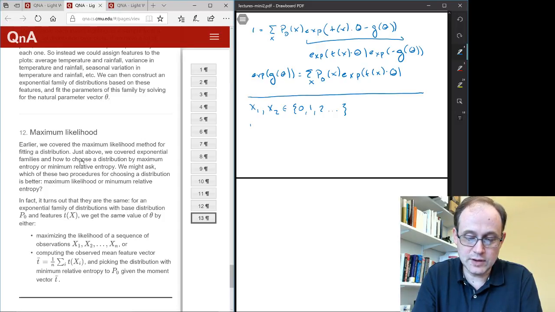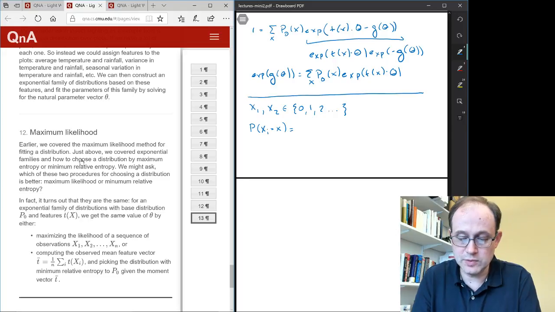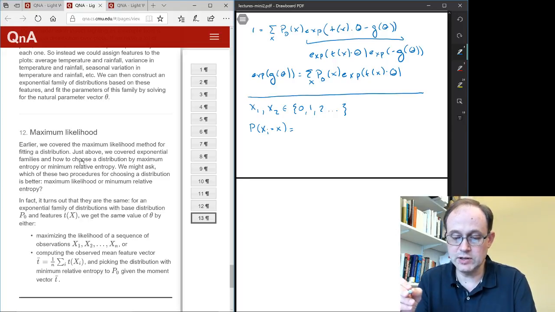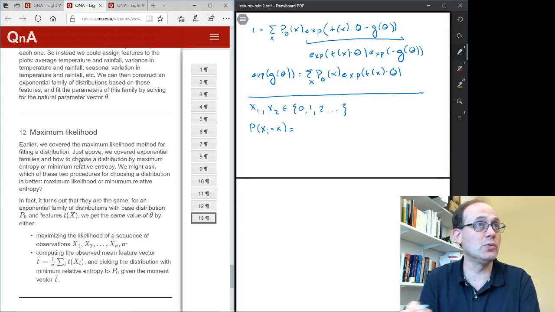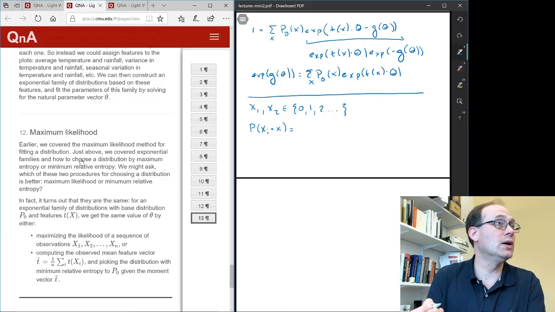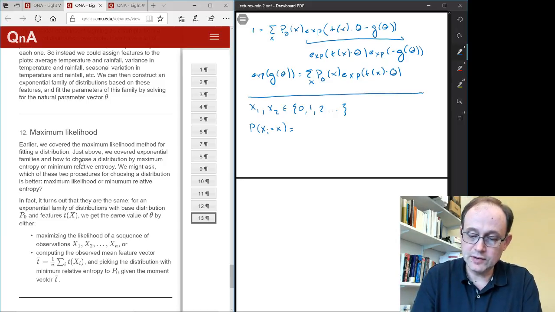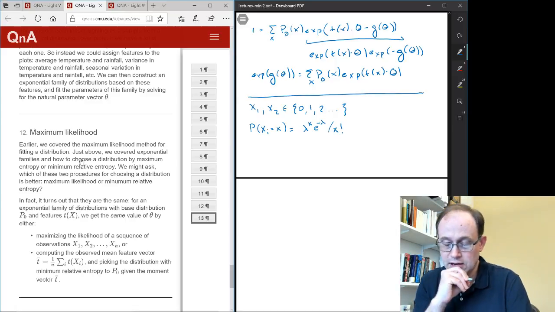The probability that xi equals little x is equal to the Poisson likelihood, the Poisson probability distribution, which, just copying this down, is lambda to the x, e to the minus lambda, over x factorial, right?